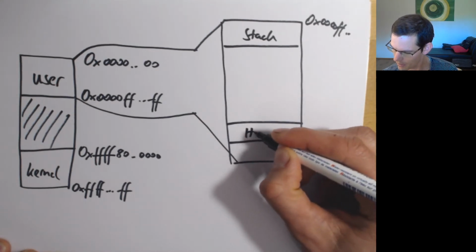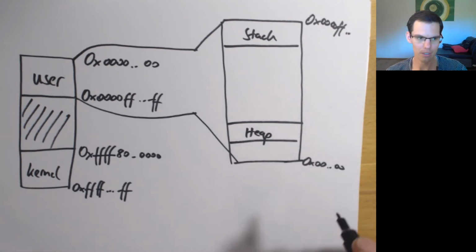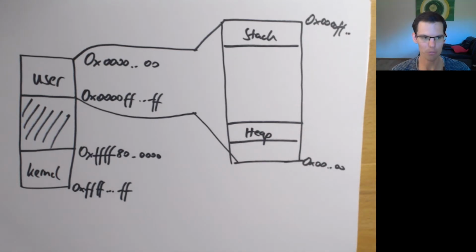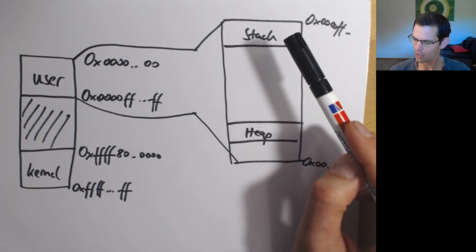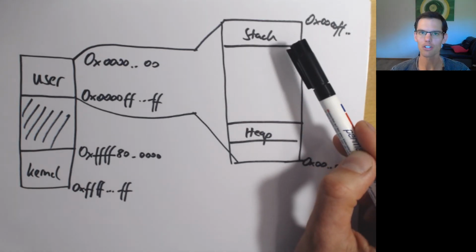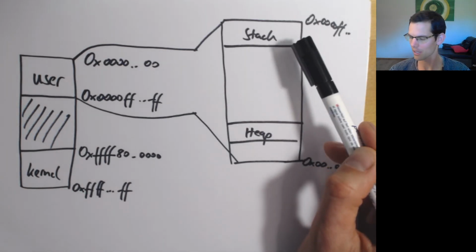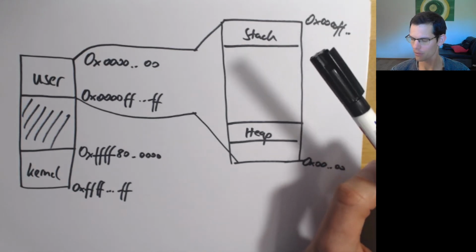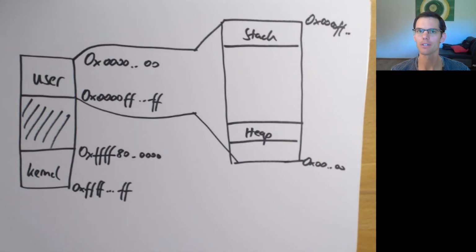Now, what are stack and heap in the first place? In the stack, you store per-function data. For example, local variables are stored there, everything that can be statically allocated during program launch time.